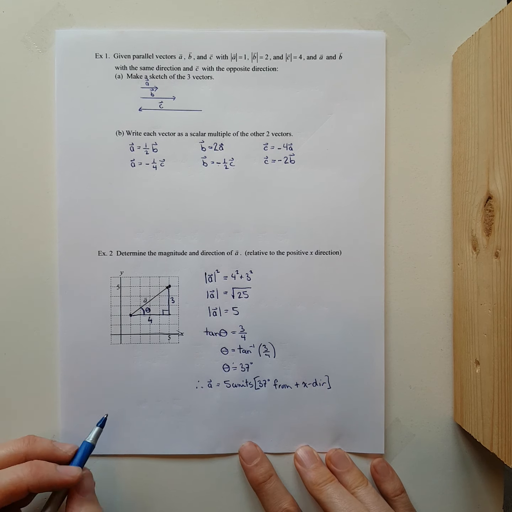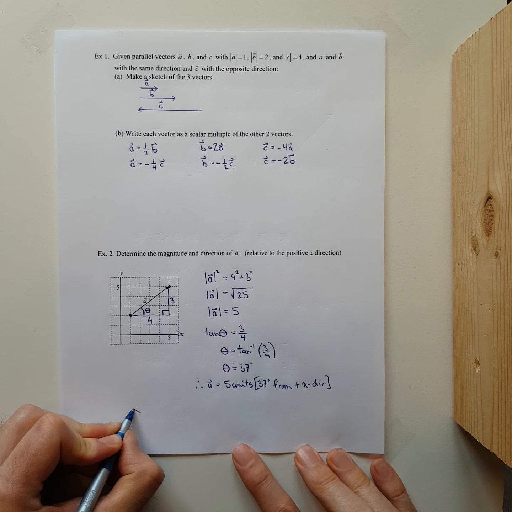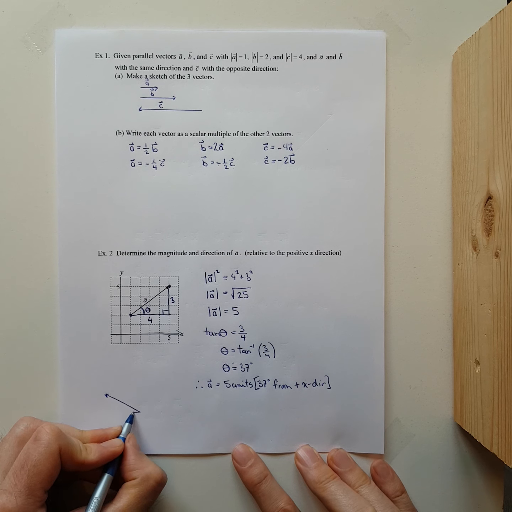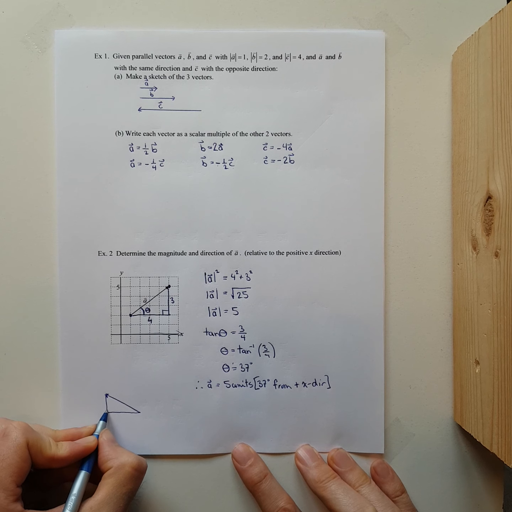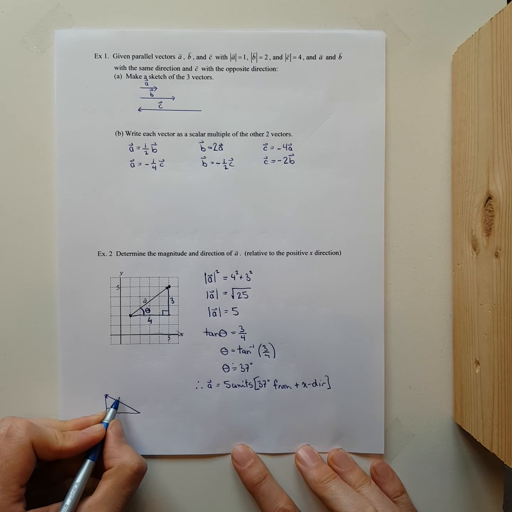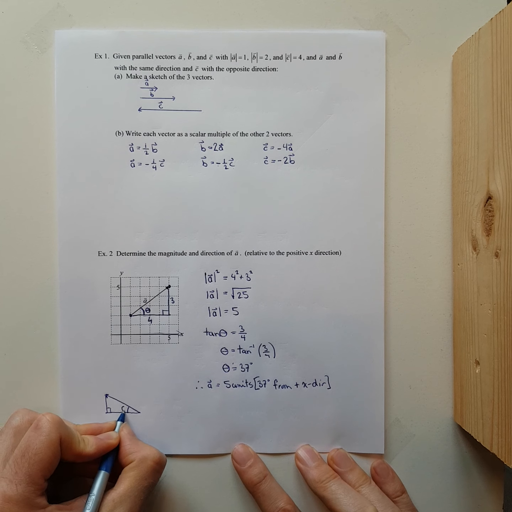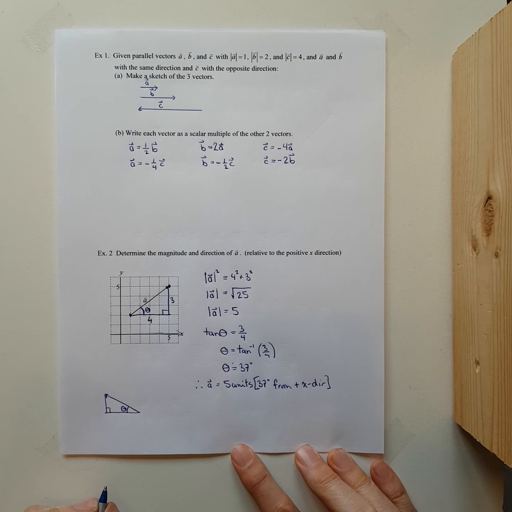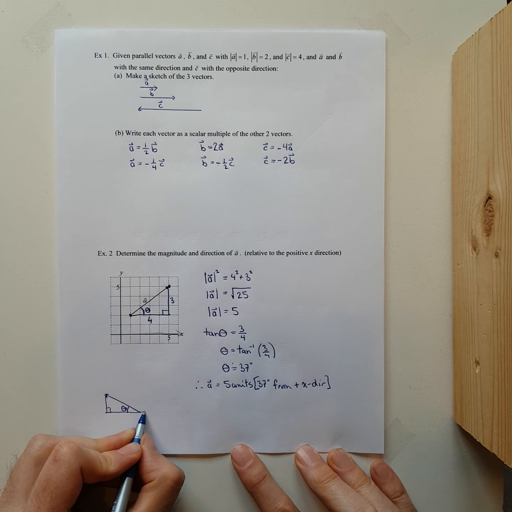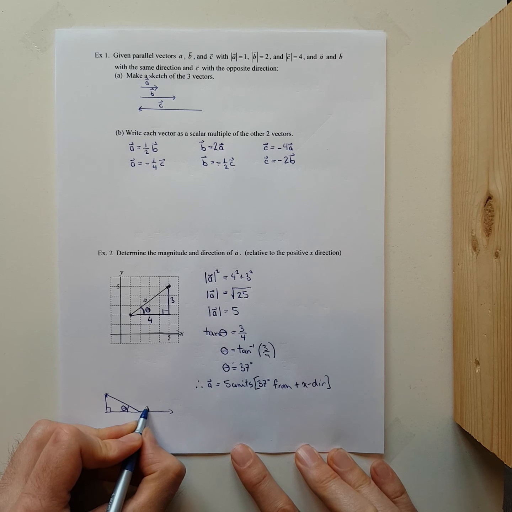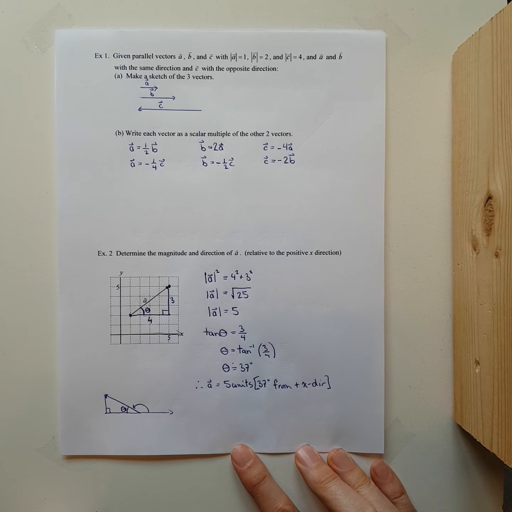We will have to be careful in some of your homework questions because on the Cartesian plane you might have vectors that are pointing in this direction here. So as you complete this right triangle, you'll have something like this here. That won't stop you from being able to find the magnitude, but you're going to have to be careful. As we go to find that direction, I'm going to have this angle here, but if we're stating it relative to the positive x direction, it's this angle here you're going to need.